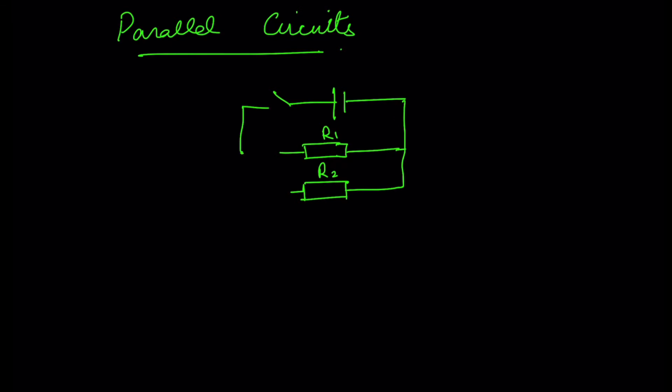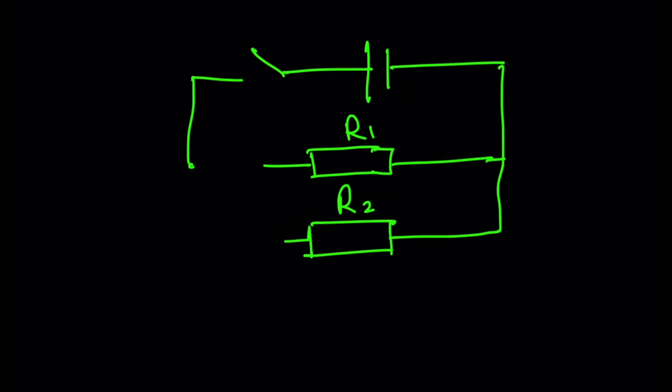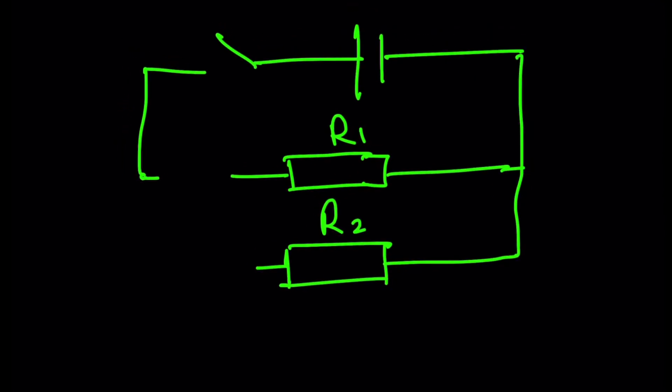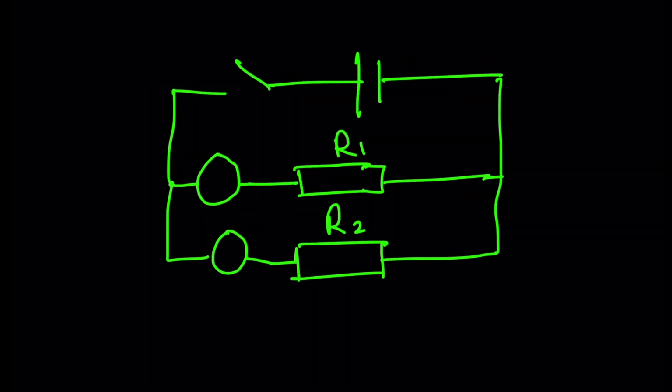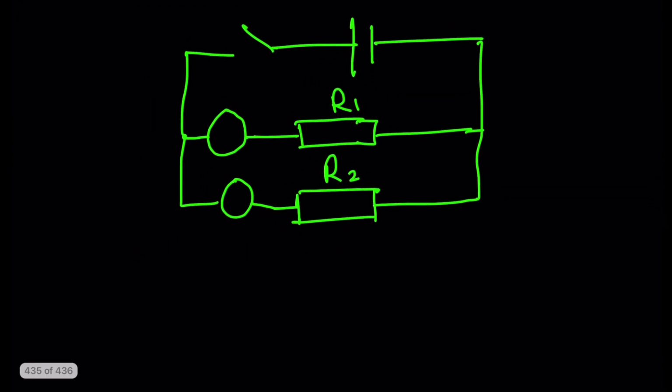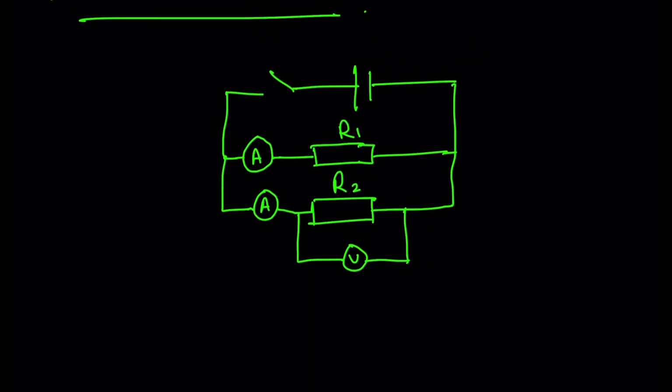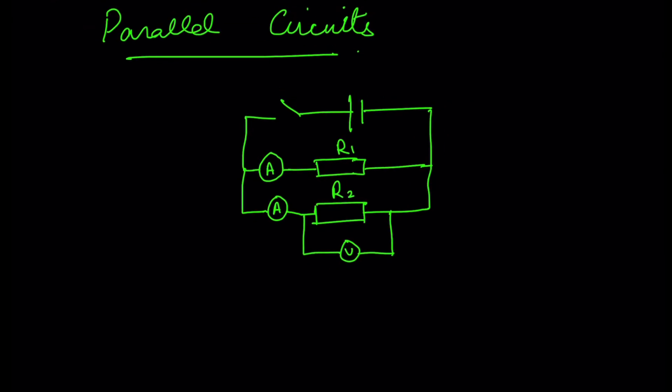So I'll put an ammeter over here, an ammeter over here, and a voltmeter over here. That's the ammeter. There's another ammeter. That's the voltmeter. Okay, so this is the positive terminal of the battery, this cell, that's the negative terminal.